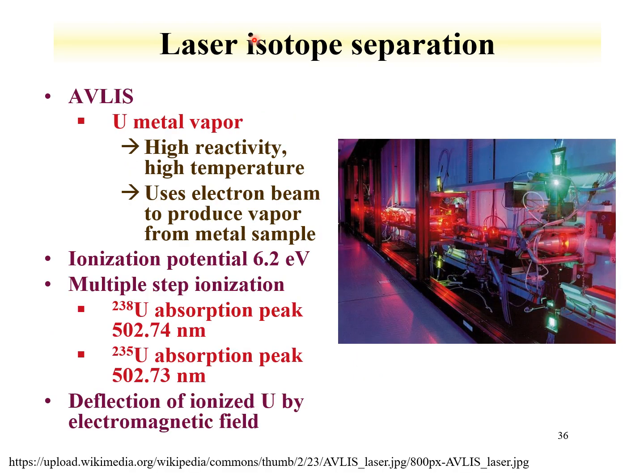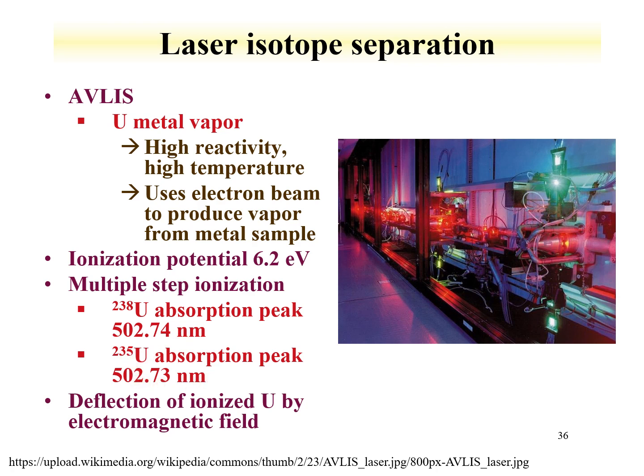AVLIS uses a uranium metal vapor, produced by an electron beam, and you take this uranium metal vapor into a gas phase, and you have multiple ionization steps. Uranium-238 has an absorption peak at 502.74 nanometers and the 235 at 502.73.